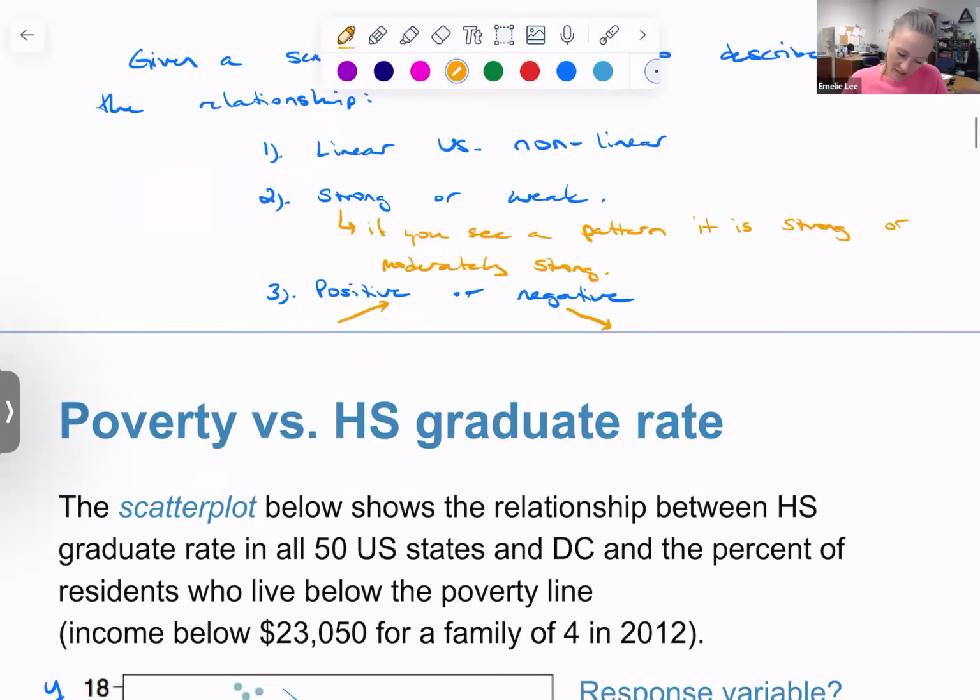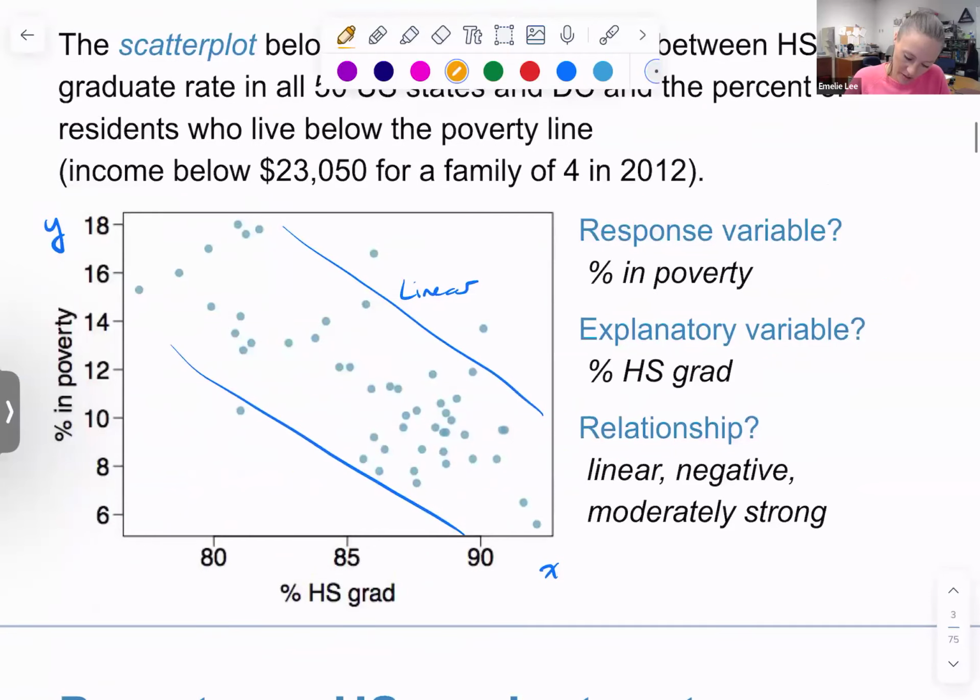And so if we had to describe this relationship here, we said, okay, I see this general pattern. Notice how I cut some out. That's okay, it's just for broad strokes. Okay, so I have a linear relationship. They say it's negative, right? And so here we've got this negative relationship. It's linear.